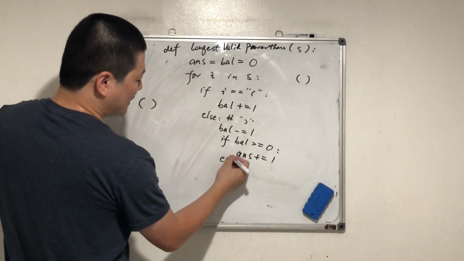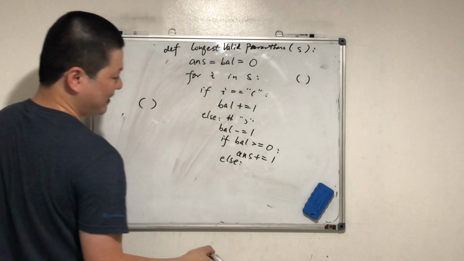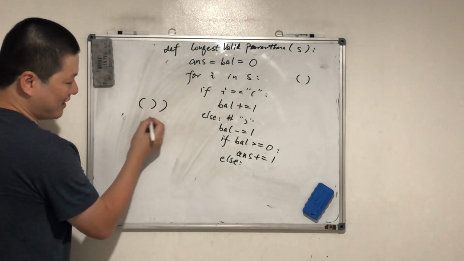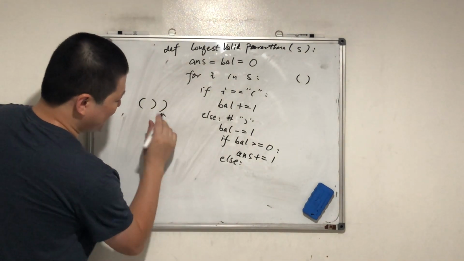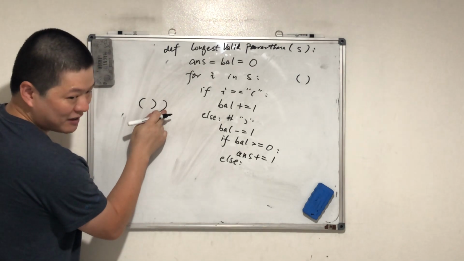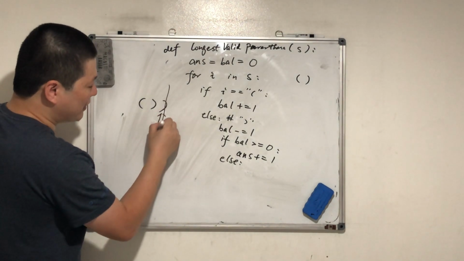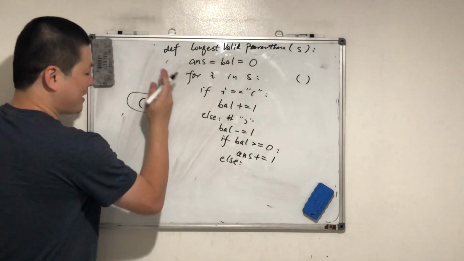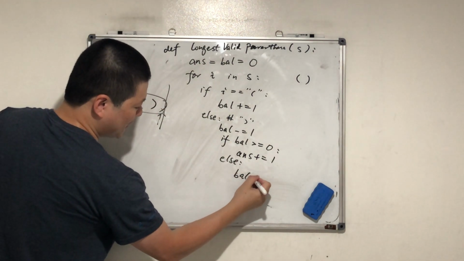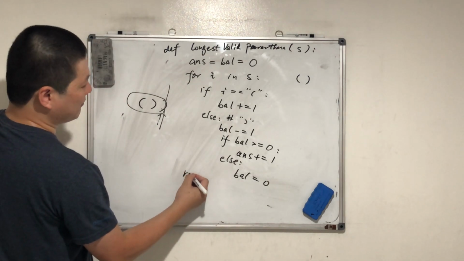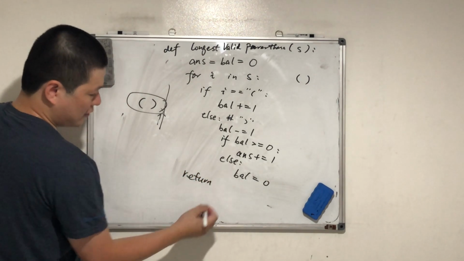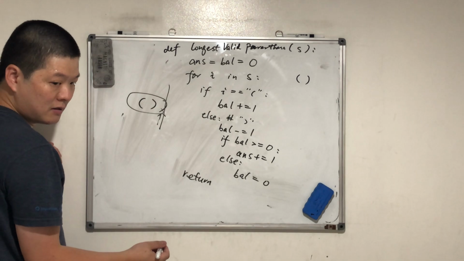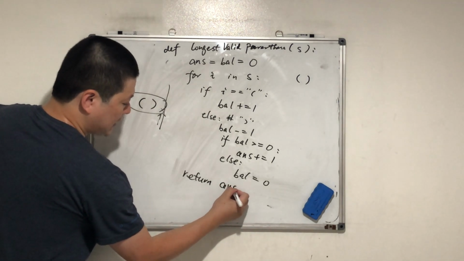Else, if balance is smaller than 0, we set balance equals 0. At this point, the previous ones do not count anymore, so we start with a new one. And return the answer.